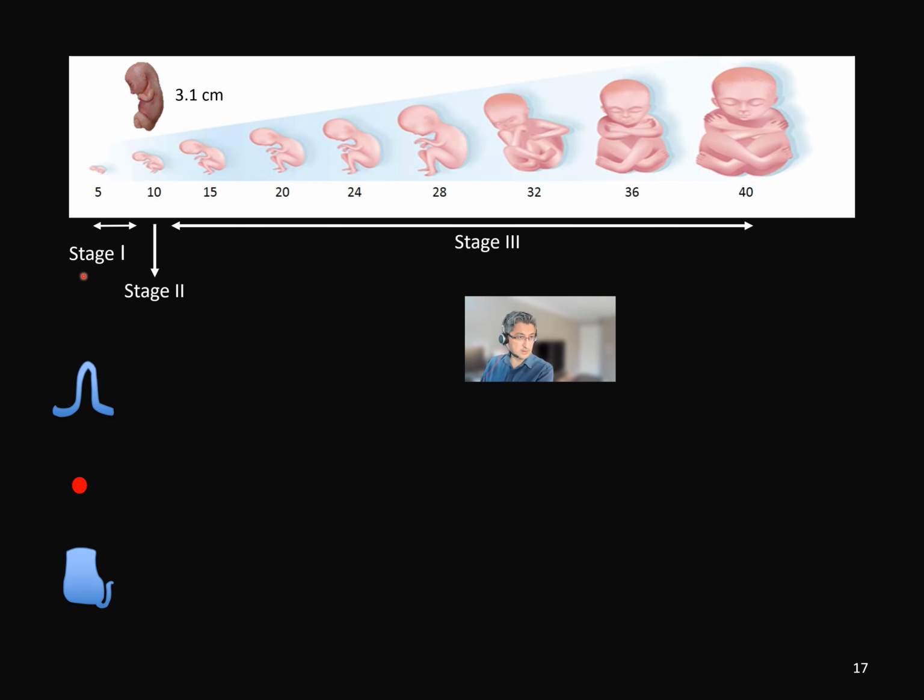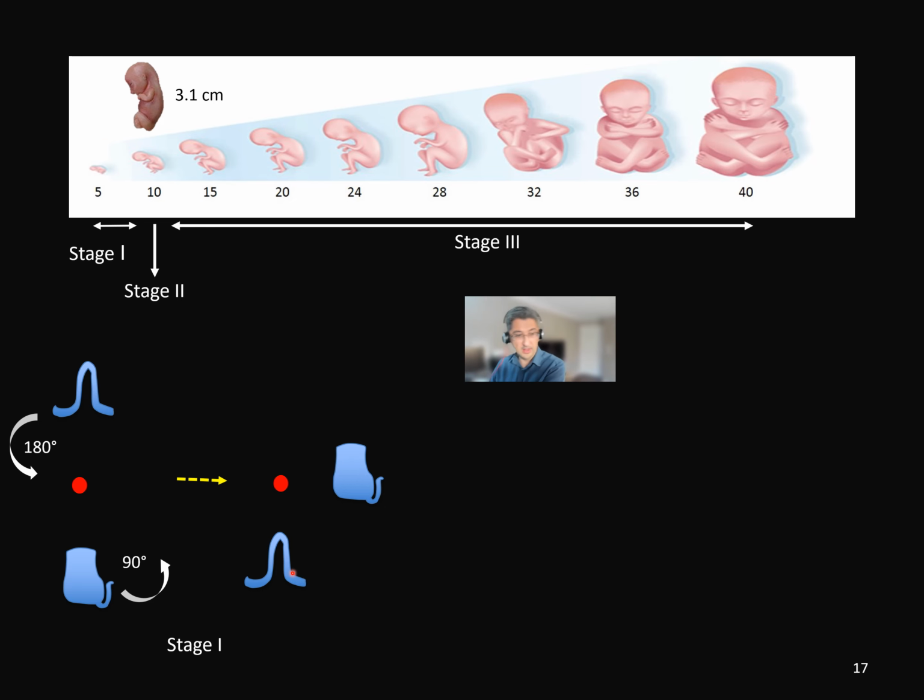So this is where they start. During stage 1, the DJ loop rotates 180 degrees counterclockwise, and the cecocolic loop is rotated 90 degrees counterclockwise. Then stage 1 is completed, and the bowel is moved back into the abdominal cavity.